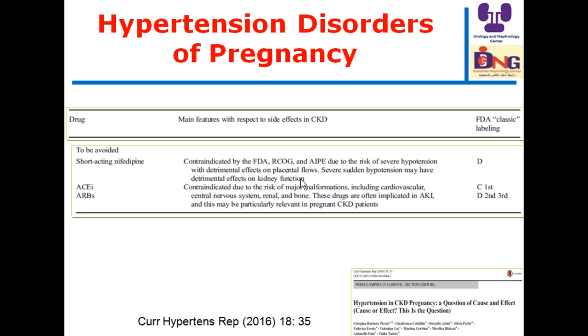Before giving ACE inhibitors and ARBs in the childbearing period, we should ask about the pregnancy test result, because this is very crucial. So again and again, ACE inhibitors and ARBs are contraindicated beyond the first trimester, and used cautiously before this, and who will decide is the presence of the best care and the best attendance.